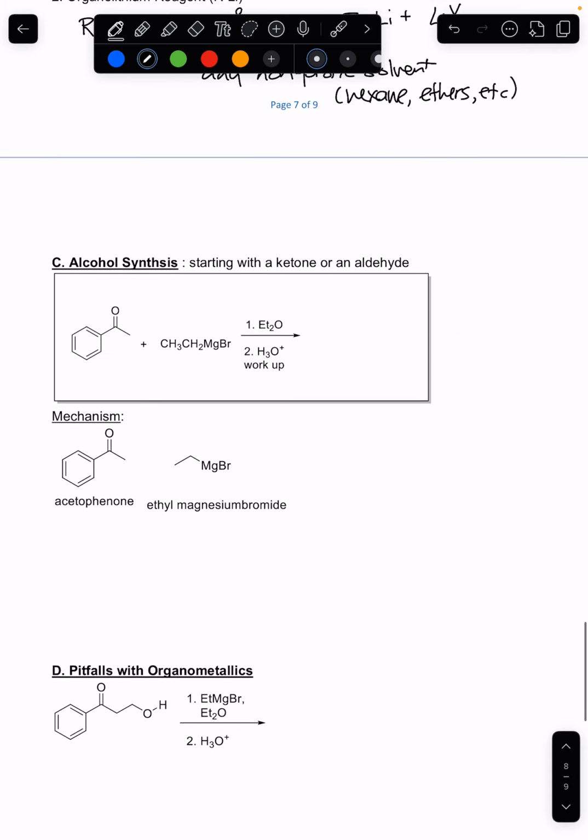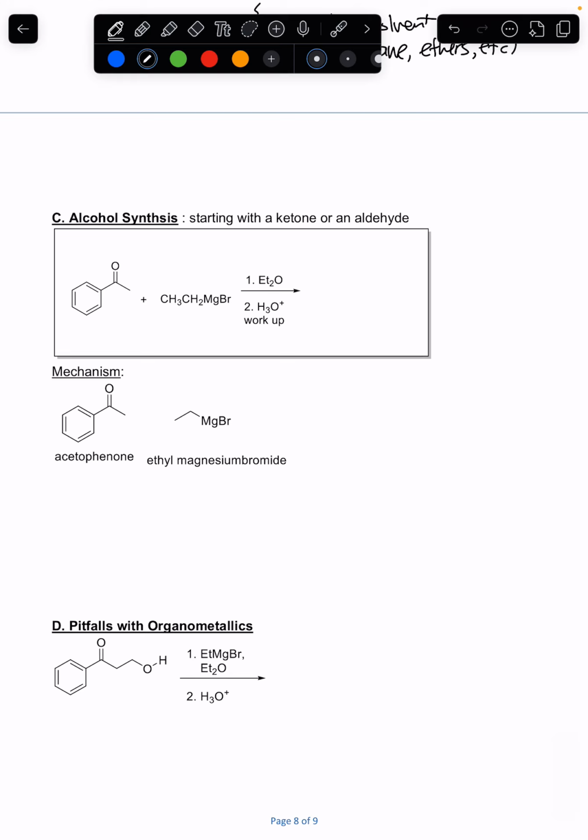And how do you use them to make alcohols? Here's one example. Here we have an ethyl Grignard in ether. Now, I want you to notice what it says here, number 2. That means it's a separate step. Once this first step reaction involving all these molecules is complete, then you add water.